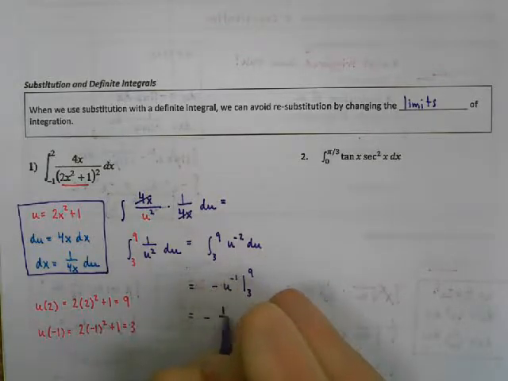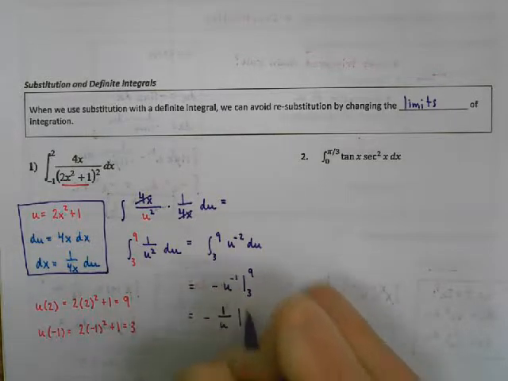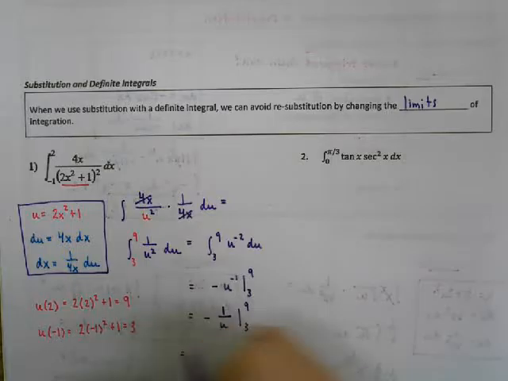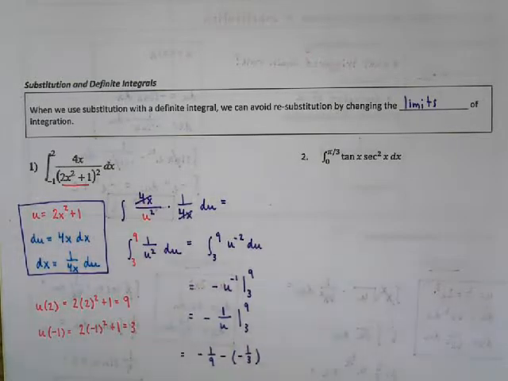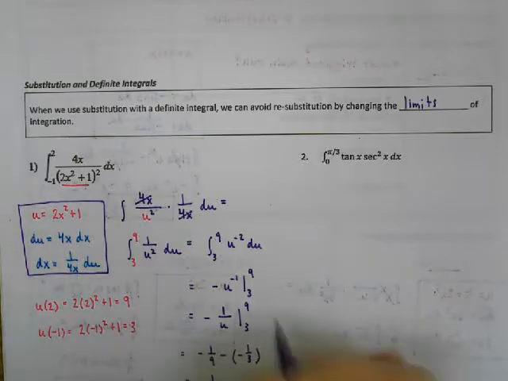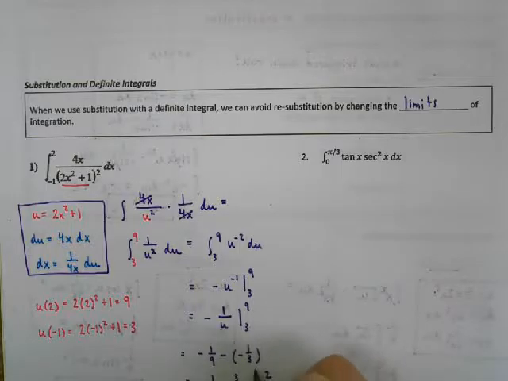Again, that's the same as negative 1 over u from 3 to 9. So if I evaluate, I have negative 1/9 minus a negative 1/3, or negative 1/9 plus, I'm going to rewrite this as 3/9, and the value of my integral is 2/9.